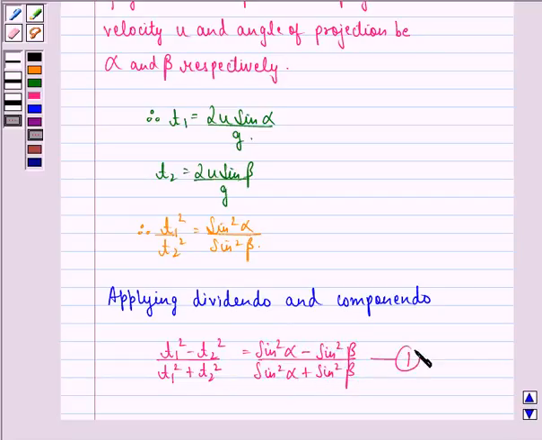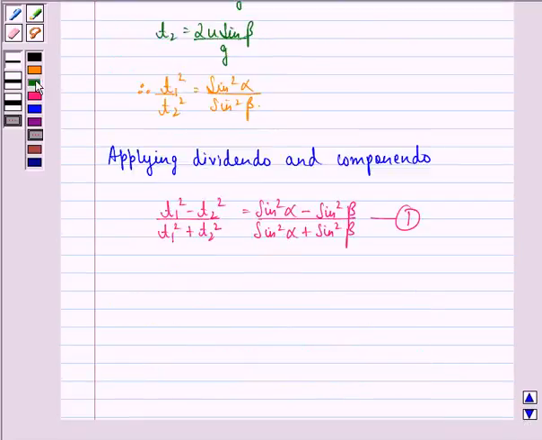This we call 1. Now in both the flights the horizontal range is the same. Therefore r is equal to u square sine 2 alpha divided by g, that is equal to u square sine 2 beta divided by g.